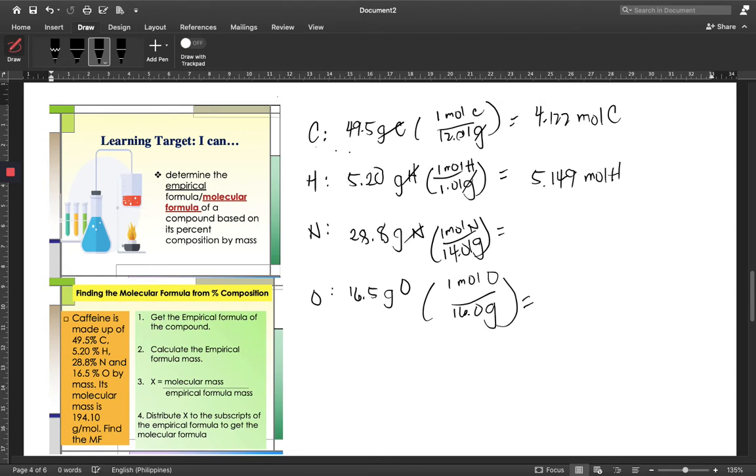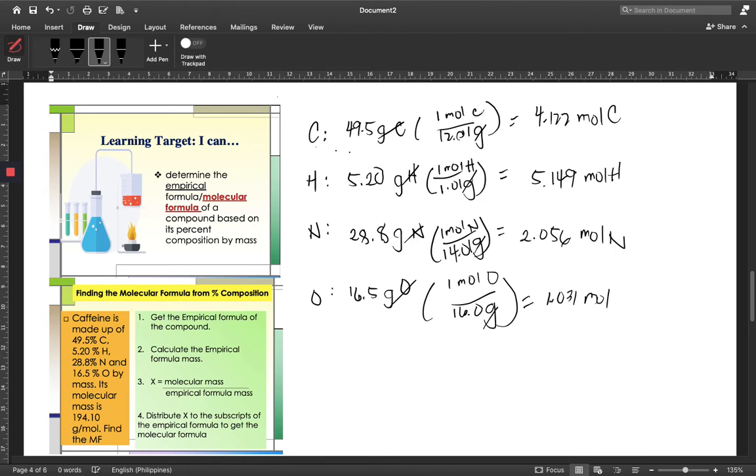And then for nitrogen, the unit of grams will be cancelled out, so we'll have 2.056 moles of nitrogen. Again, what we are doing here is getting the number of moles for each element so that we can obtain the empirical formula. If you haven't seen yet how the empirical formula is obtained, kindly go to the previous video on EF.